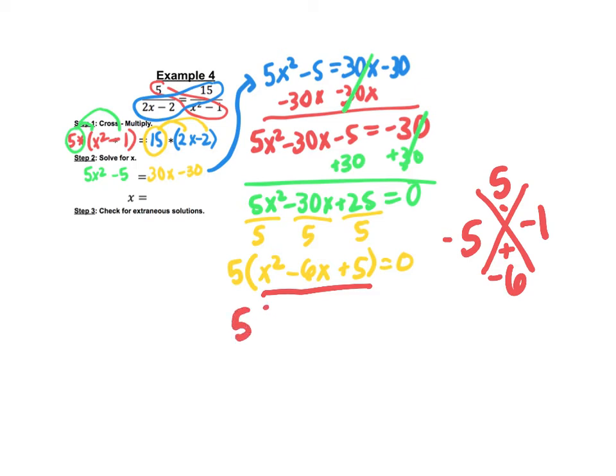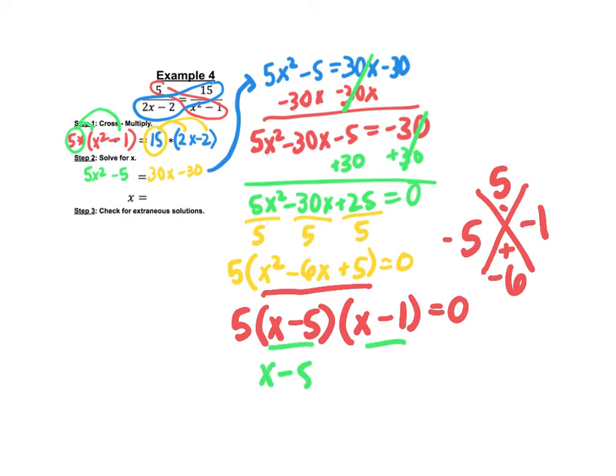So I know this equation is the same as 5 times x minus 5 and x minus 1 equal to 0. From here, I have to set my two factors equal to 0, so x minus 5 equals 0, x minus 1 equals 0, and solve for x. So for my first one, we'll add 5 to both sides.